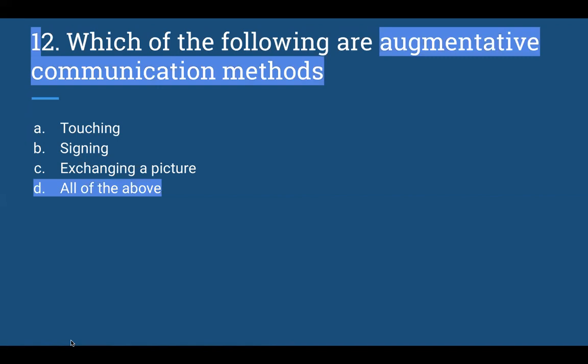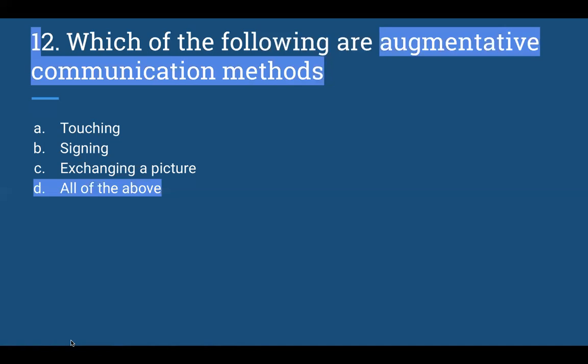I guess in this case, exchanging a picture is the generic term, and PECS is one of the ways that you can exchange a picture. Yeah, it's just that in mocks, I've had picture exchange communication system actually written out. That's PECS, right? And that's been the answer, or all of the above. Like they'll say sign language, and all of that.